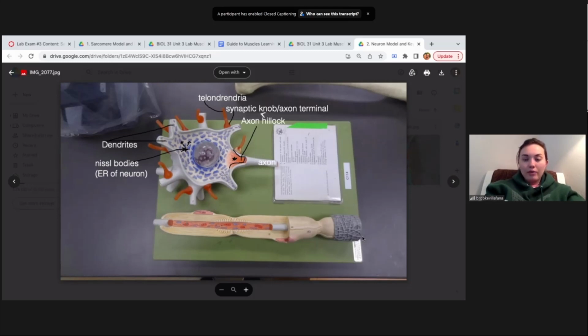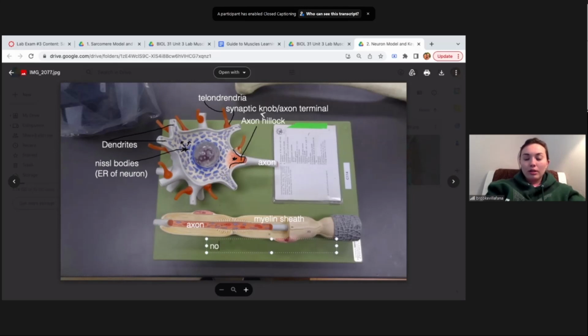And then we have our actual axon here. So this is one of the parts that's different than the one we just looked at. The axon is that reddish or pinkish part that runs down the middle. And then the yellow coating is the myelin sheath. It's all of this yellow coating that is the myelin sheath.